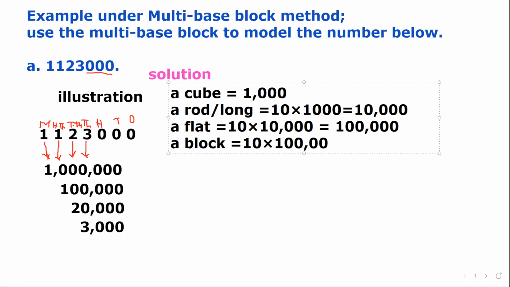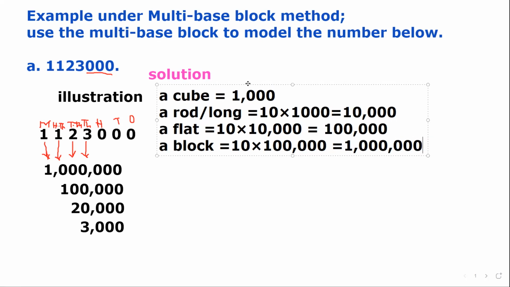So 10 multiplied by 100,000 gives you 1 million. So always, like I said, the difference between the keys under the multi-base block is times 10.